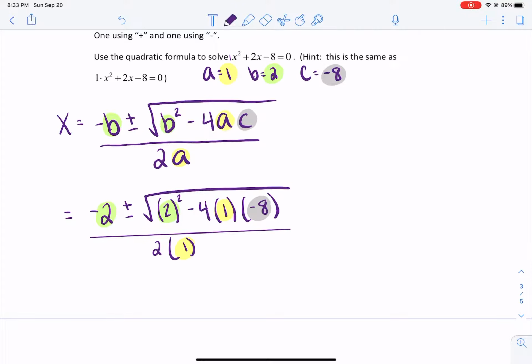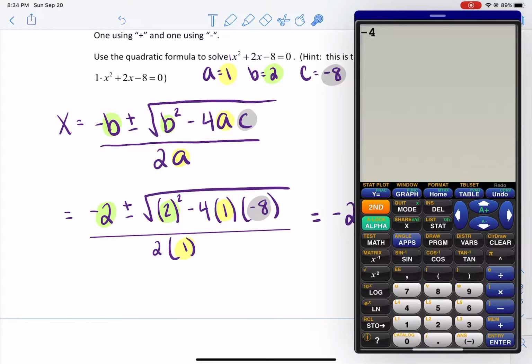I'm going to leave that negative 2 out front, and then the plus or minus. So let's look at under the square root first. 2 squared, that's 4. So I'm going to change that to be 4. And then, don't forget right here, this is a negative 4 times 1 times negative 8. If I type in my calculator negative 4 times 1 times negative 8, that gives me 32.